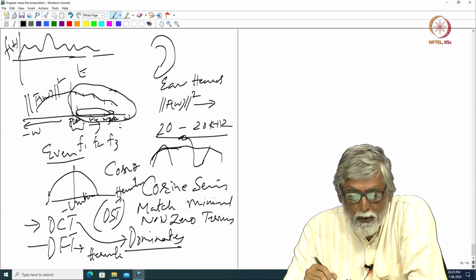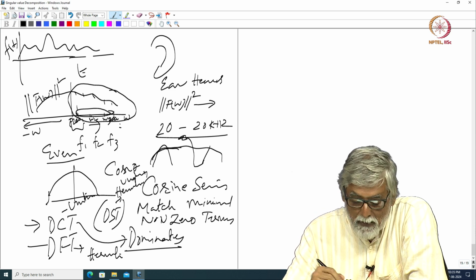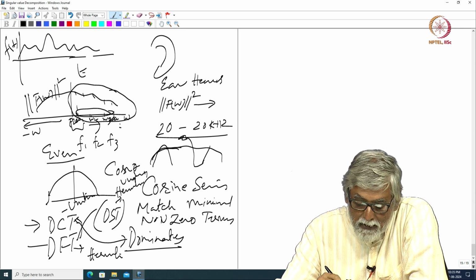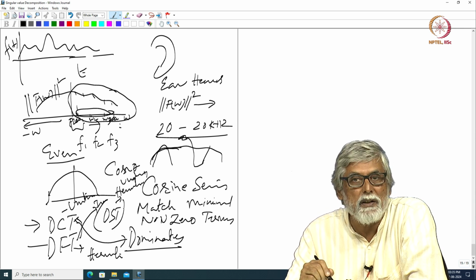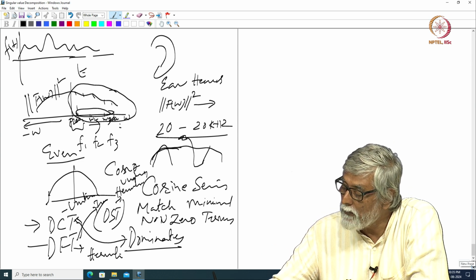Of course, if you drop out all the complex terms, you still look like a unitary transform, but the real part of DFT is a cosine function associated with DCT, the imaginary part is associated with DST.